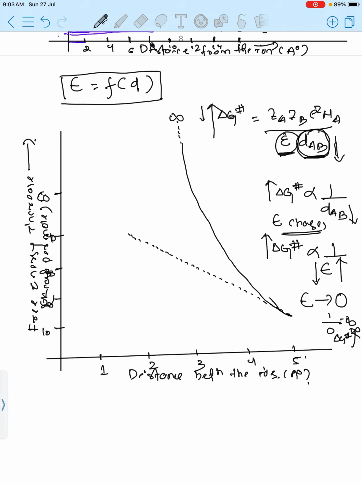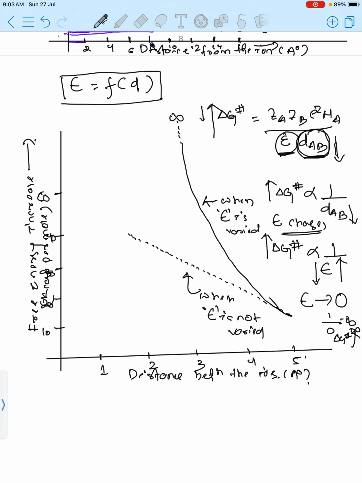So here, when the dielectric constant is varied, and here when the dielectric constant is not varied.